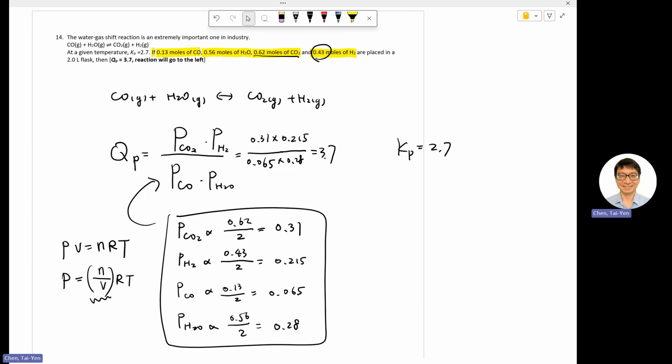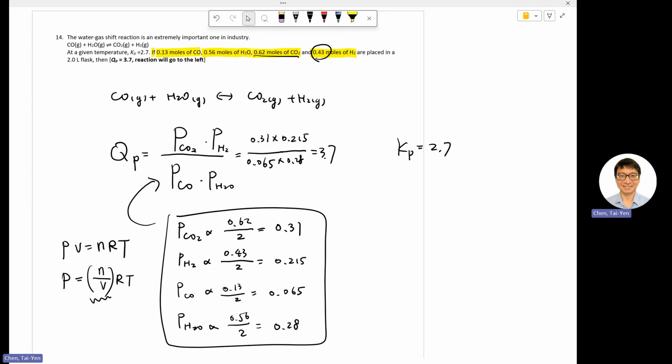What does that mean? You have too many products, right? KP is the final state that you want to have. We can always consider this expression as product over reactant, right? The larger the number, the more product you're going to have. So in the current state, your Q is telling you that you have too many products, but eventually you want to go to K, which has less product.